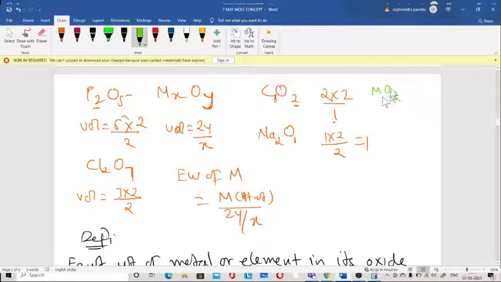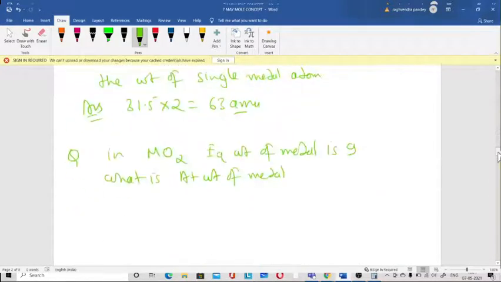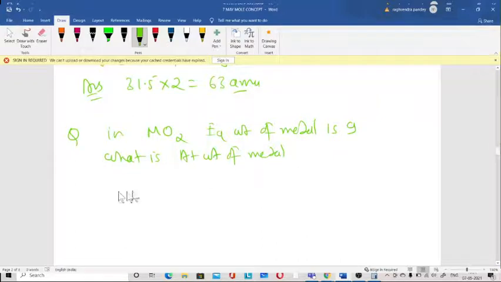So both carbon and this element have valency 4. That is a hypothetical one. So valency of M is 4. Got it?